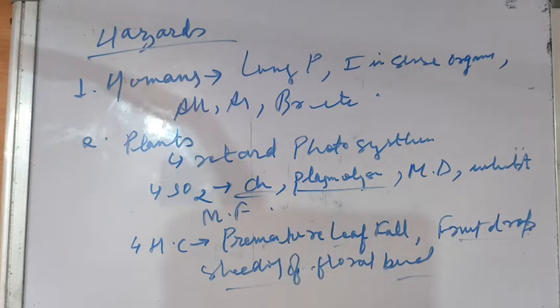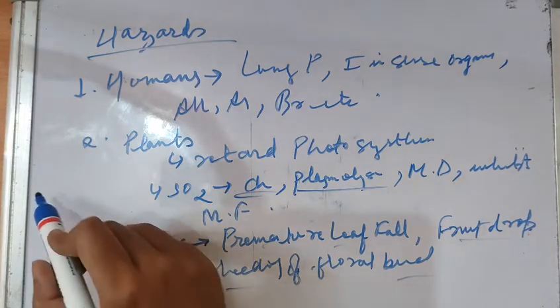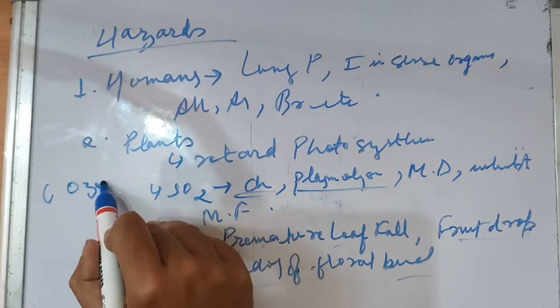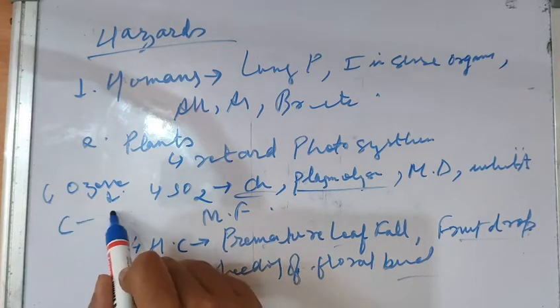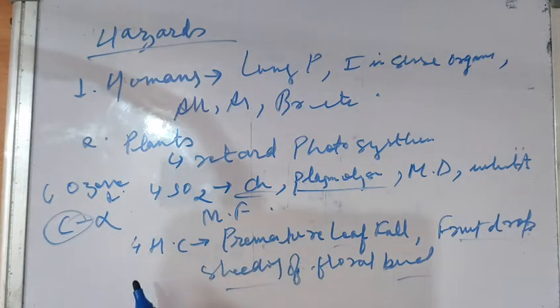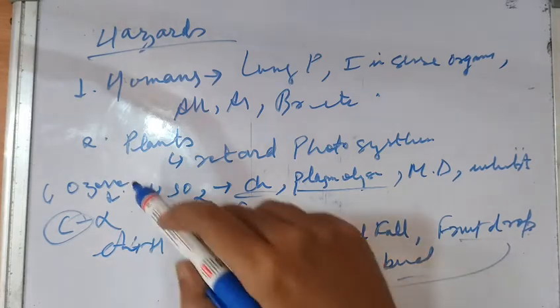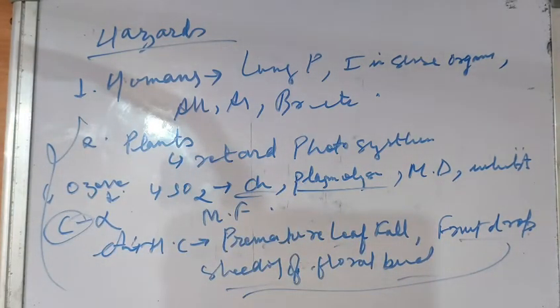So these are the major problems caused by hydrocarbons. Ozone also causes a lot of problems, such as destruction of chlorophyll. This is how air pollution affects plants.